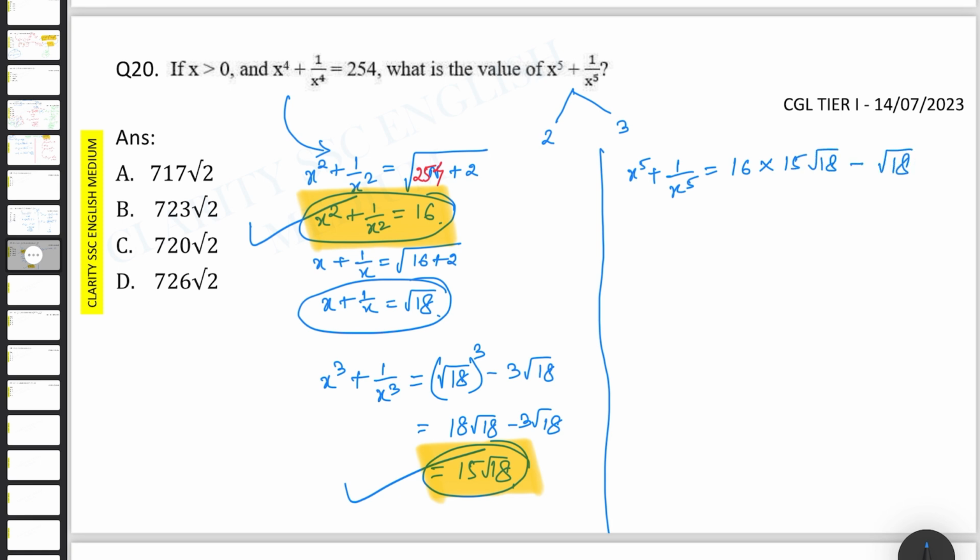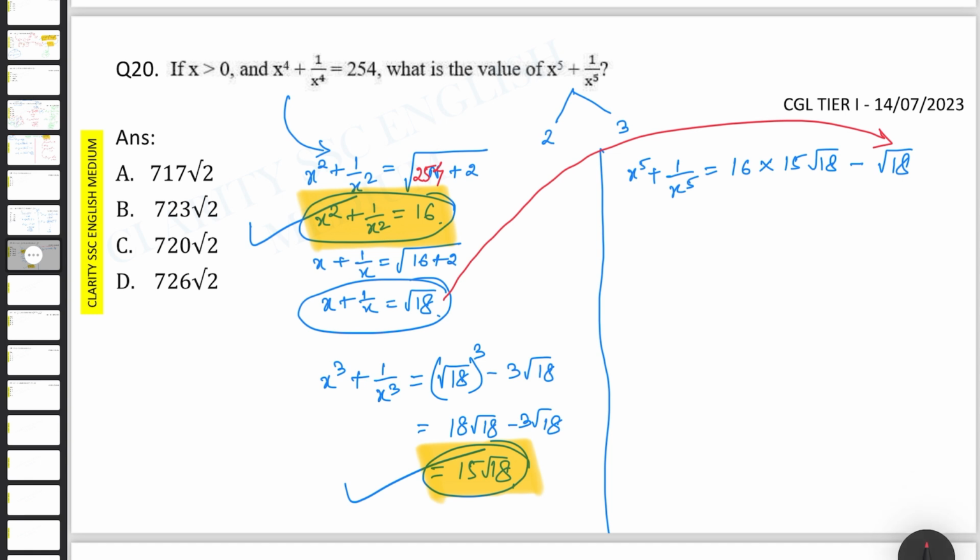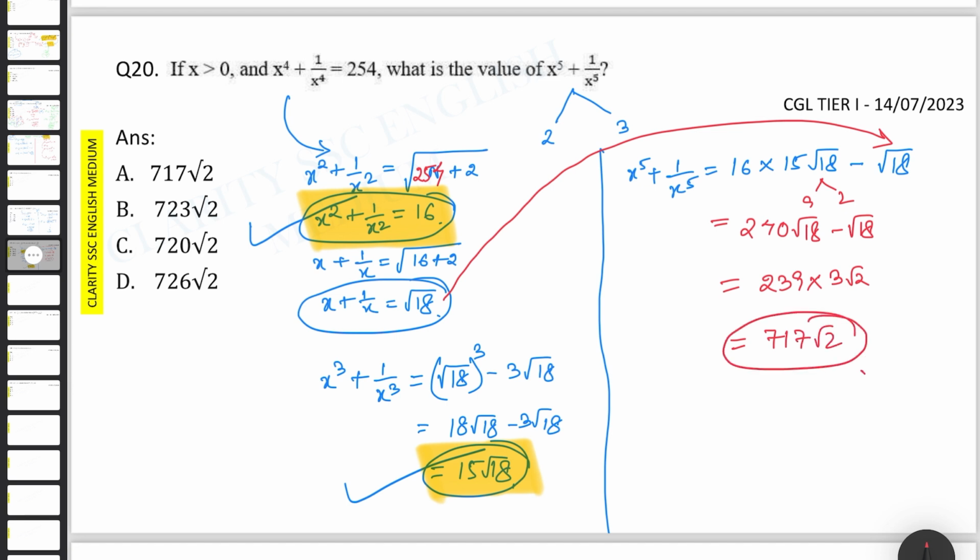N is root over 18. 16 into 15 is 240, so we'll get 240 root over 18 minus root over 18, so 239 root over 18. 18 is 3 root over 2, so 717 root over 2 is the correct answer.